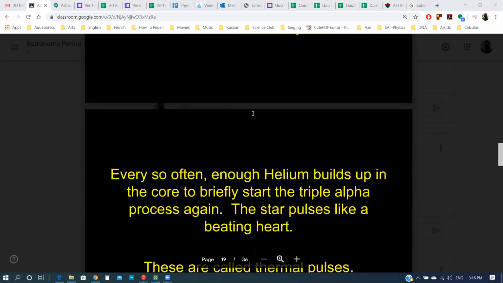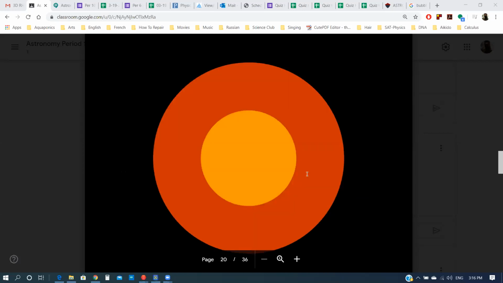Thermal pulses are telltale signs that the star is at the very end of its lifespan, and the next stage will be the last stage. The next slide in PowerPoint should show you how a red giant shrinks into a yellow giant and goes back to red giant, but unfortunately I cannot show that to you.